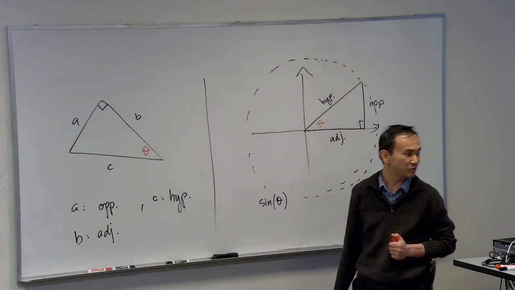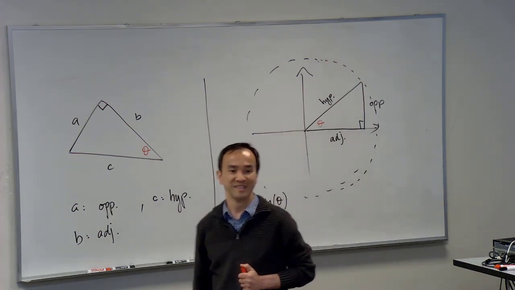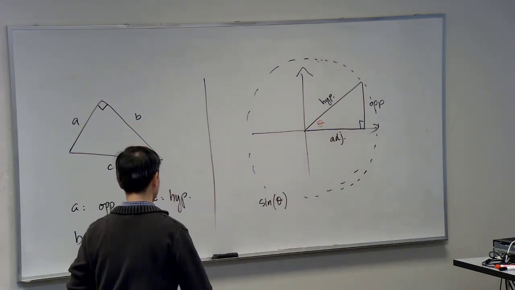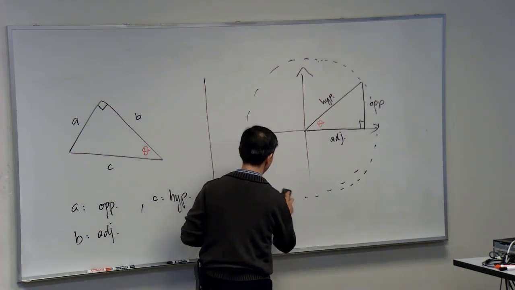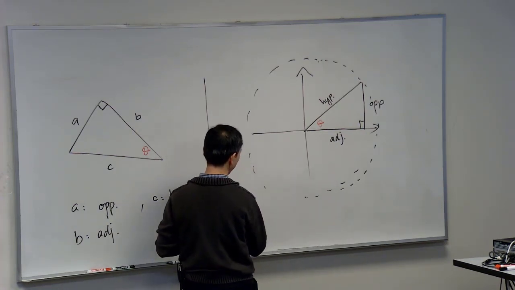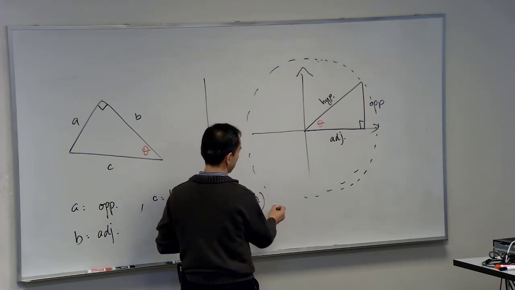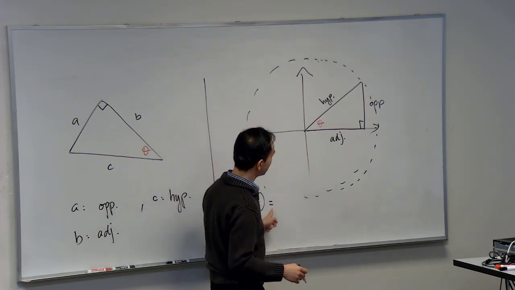You see what I'm trying to draw right there? So from our previous understanding, which we are hopefully fluent at this point, sine of theta is going to be what?